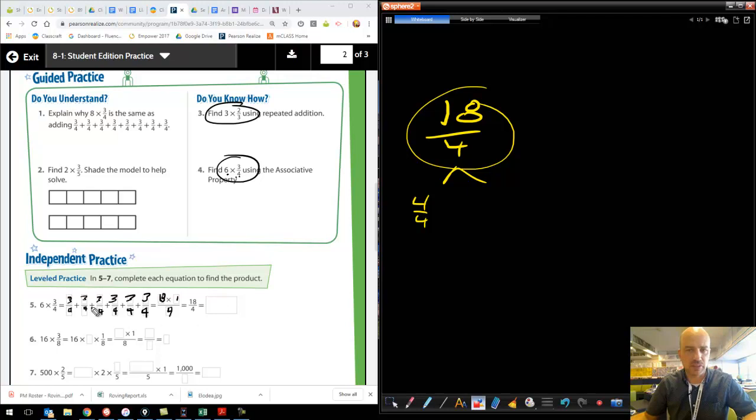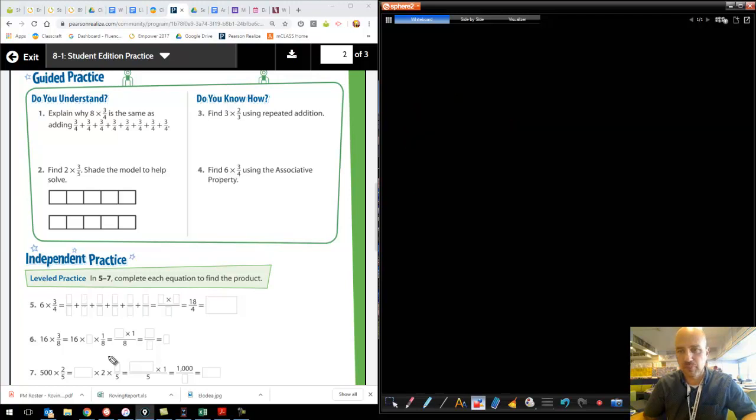You're down here. That was the repeated addition method, but then we're asking you to do some of the associative property method down here. So let me run through one of those fast enough for you using our associative property. So we had right here 500 2/5. So if I wrote 2/5 out 500 times, I could do repeated addition. But obviously, we can see now where repeated addition kind of has its limits, doesn't it?